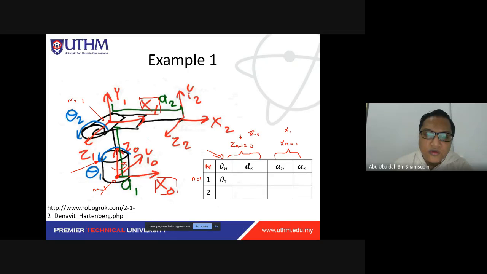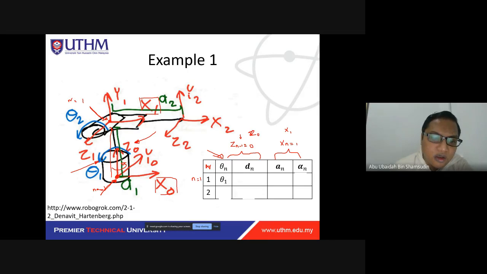For d, you need to move along the z0 axis, moving in this direction, so that this frame here, which is frame 0, will become the same as frame 1.